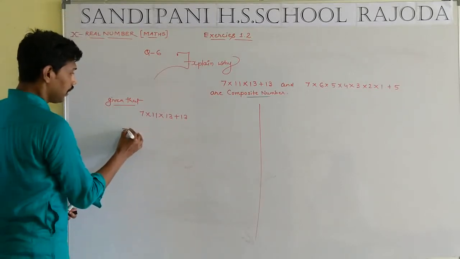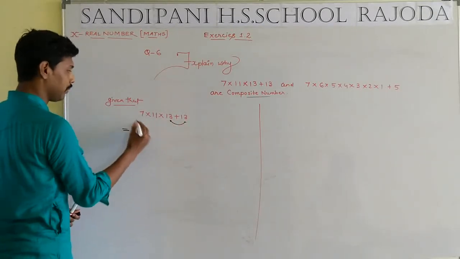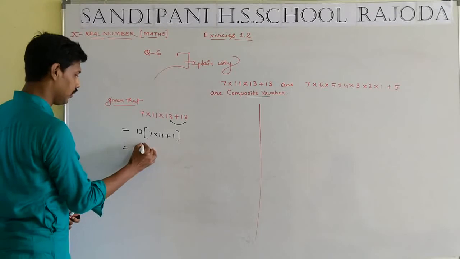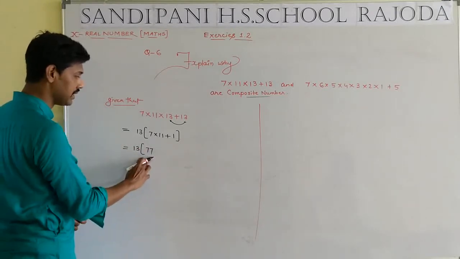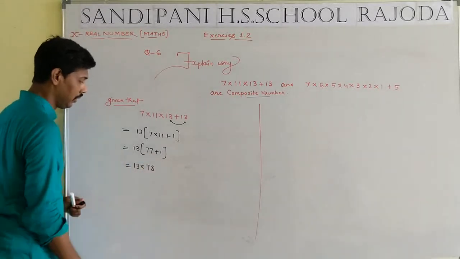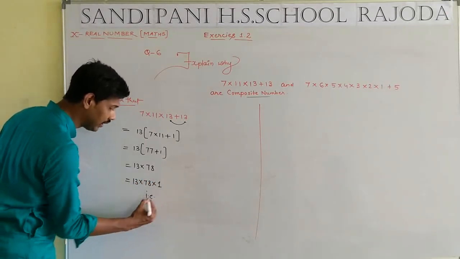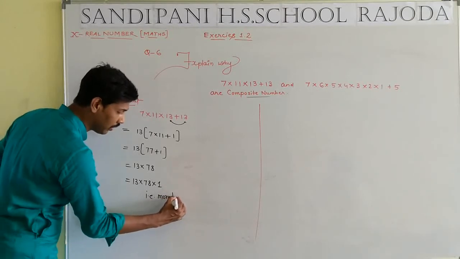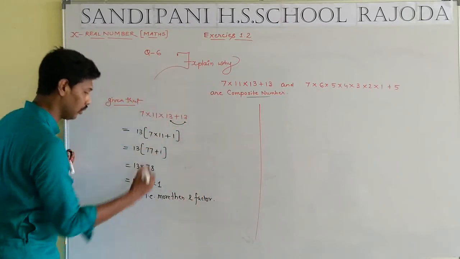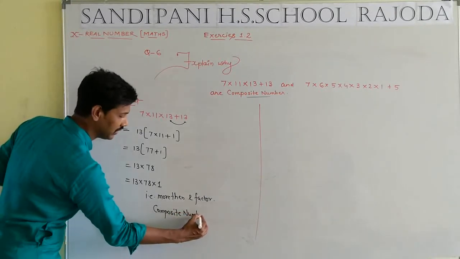Now 13 is a common element between those terms, so we take 13 as a common factor. 7 into 11 plus 1: 7 into 11 is 77, 77 plus 1 is 78. We can write 13 into 78, such that there are more than 2 factors. So the given expression is a composite number. I hope you understand the first part of the question.